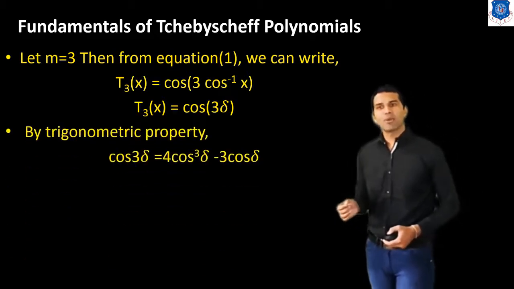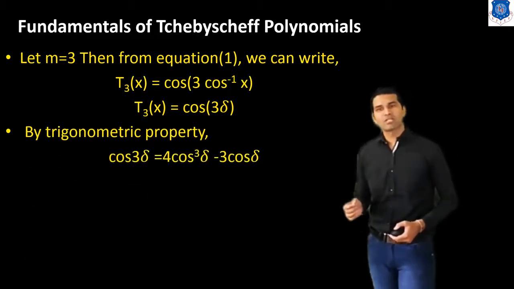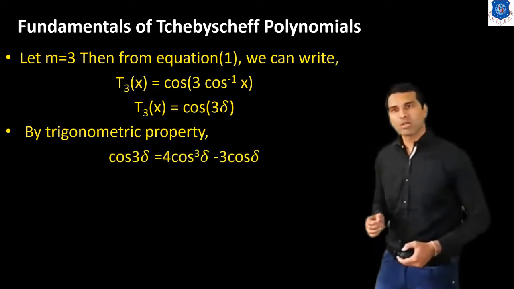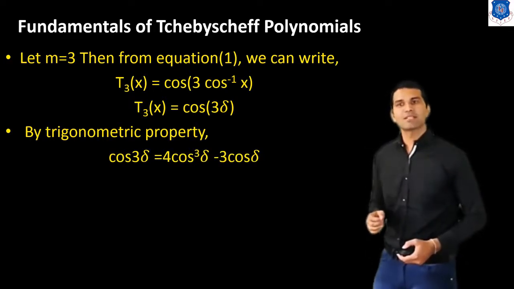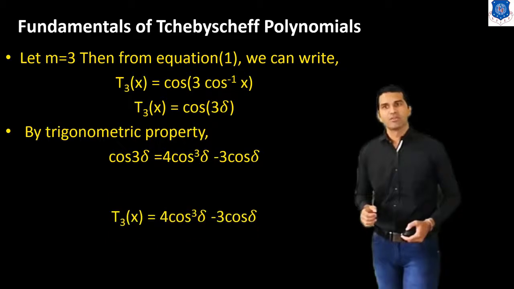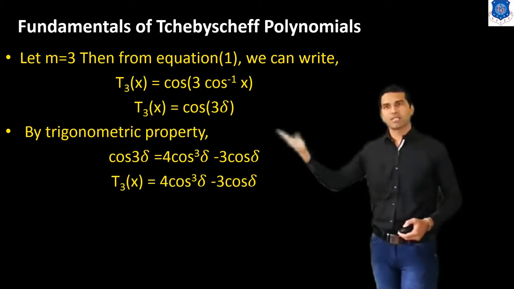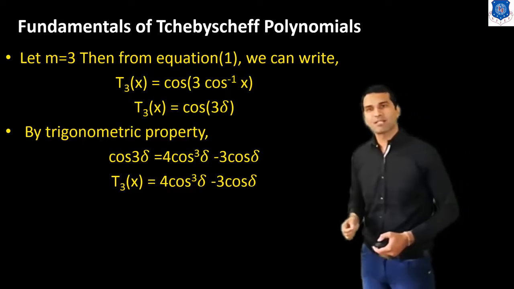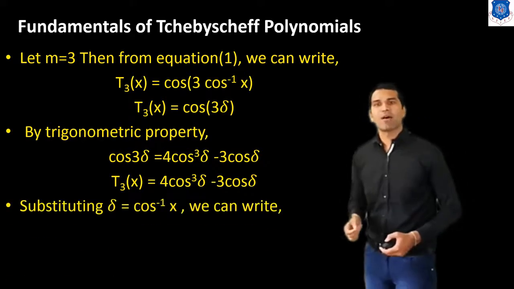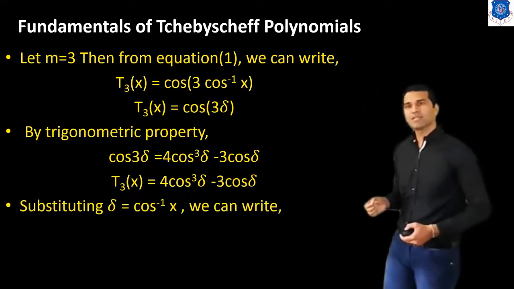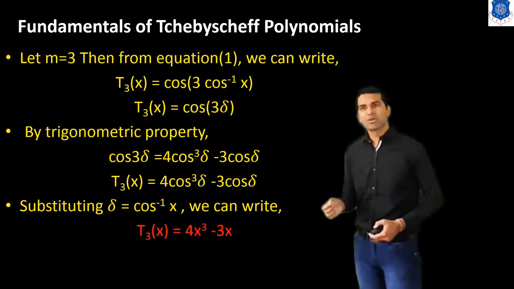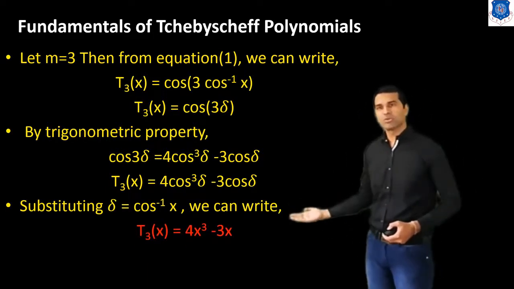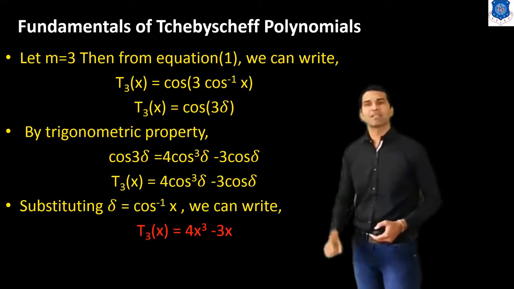By the trigonometric property, cos 3 delta is 4 cos cubed delta minus 3 cos delta. Now we substitute delta equals cos inverse x, so we get T3(x) equals 4x cubed minus 3x.